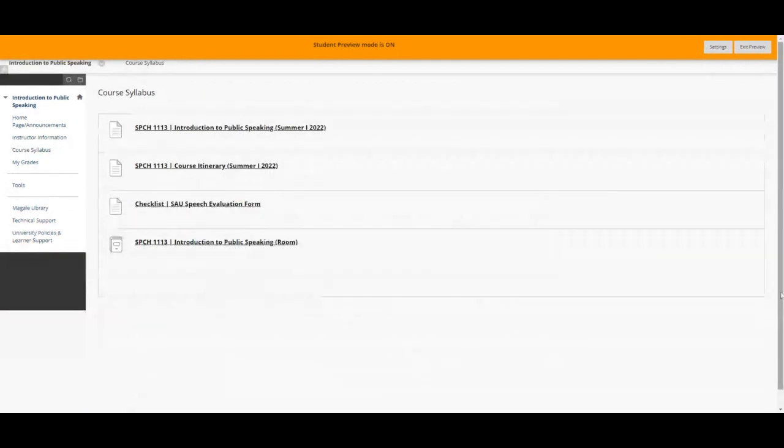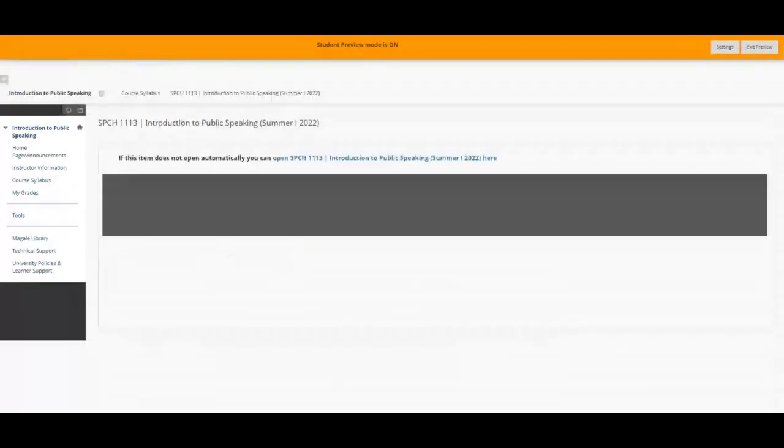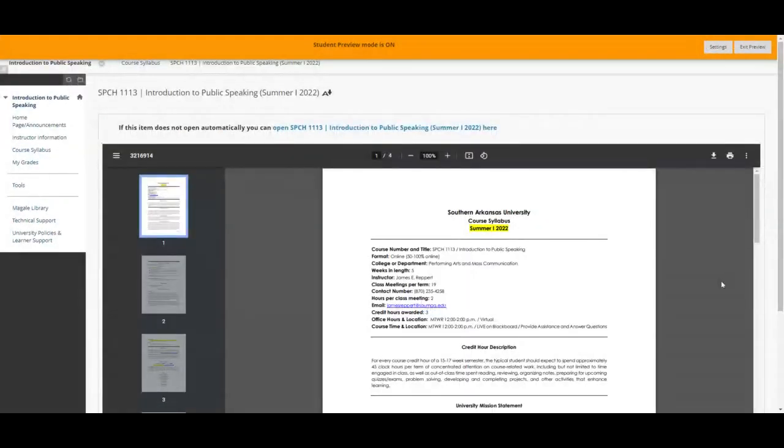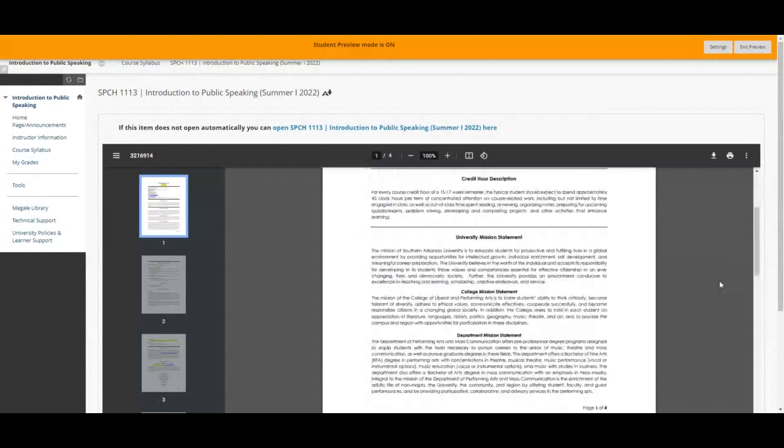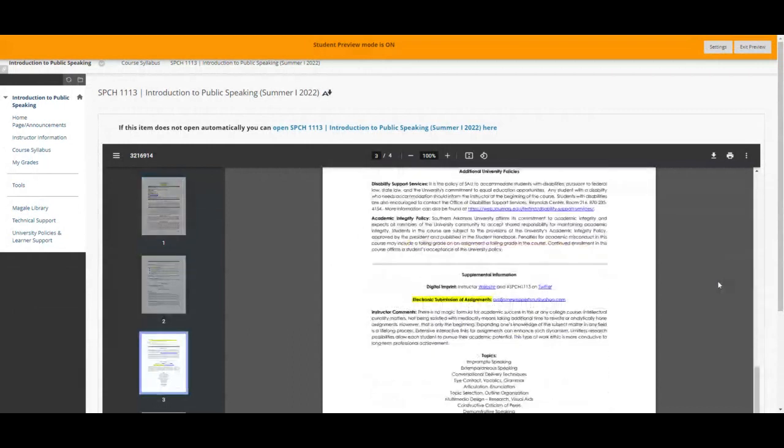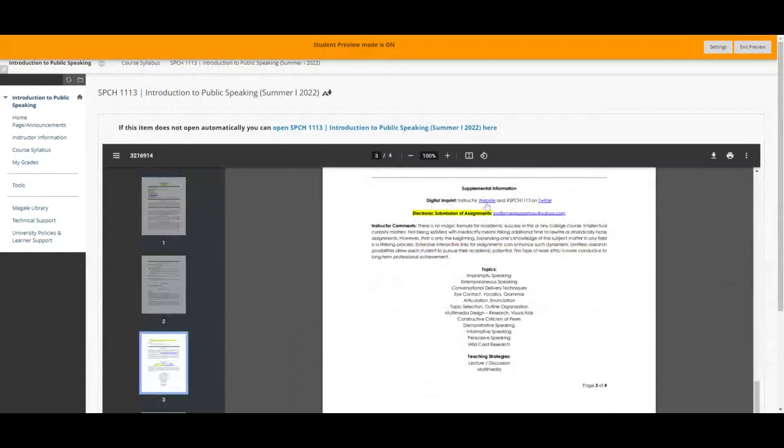And then at course syllabus, one more time, let's go to page 4 of the syllabus. A link to my website, a link to my Twitter, and Prof. James Reppert at SAU.com. I'll go to Twitter in just a moment.